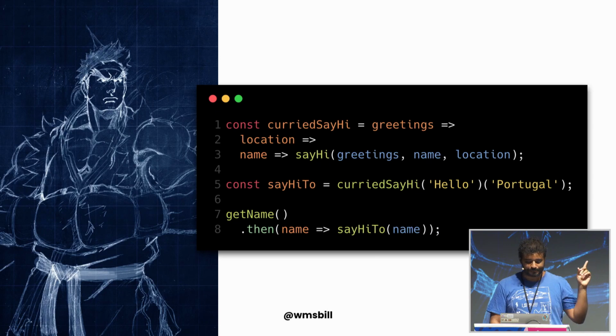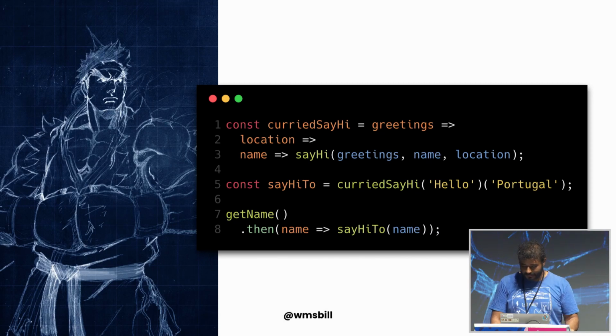I can create a curry function that receives the greetings, then the location, then on line 5, I will bind just these first two parameters, then I will receive the function to call with the third one on line 8. So you can see that it's kind of verbose, because whenever you want to change the configuration of parameters that you want to bind, you need to rewrite that curry function.